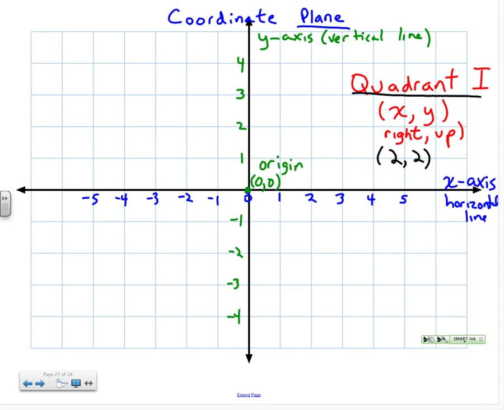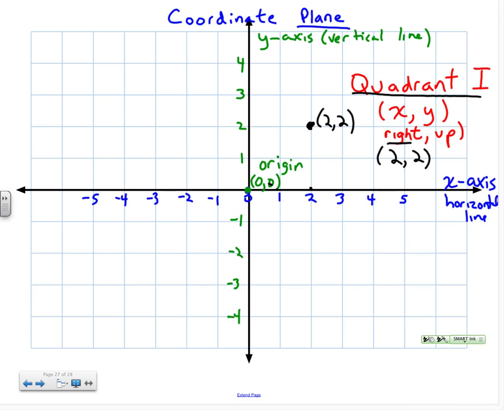So 2, 2 means I'm going to go to the right over 2, 1, 2, right here. And then I'm not plotting it there, I'm just showing you. Then I go up 2, 1, 2, right here. So this point here is 2, 2. It's a positive x, a positive y. It goes 2 to the right and 2 up.